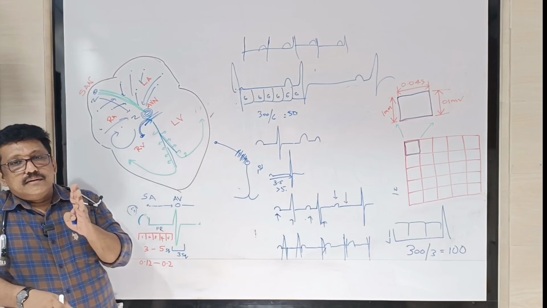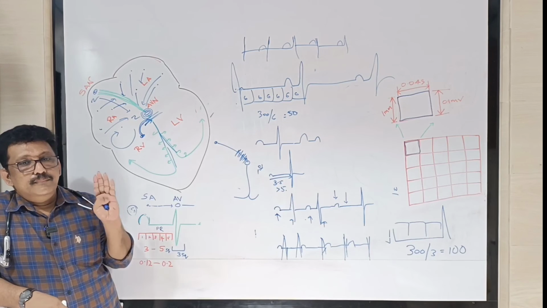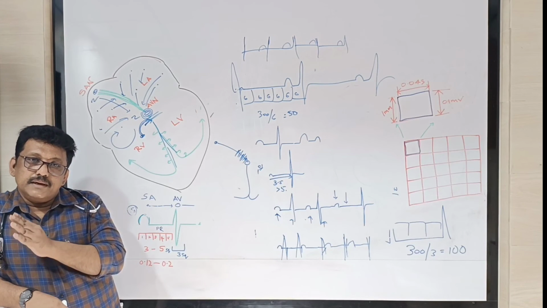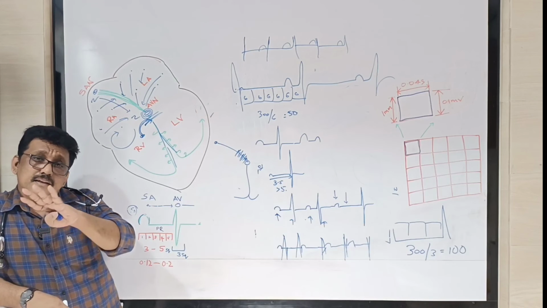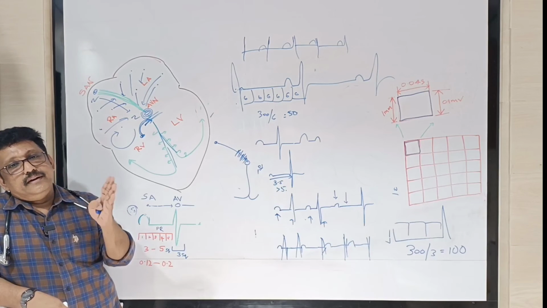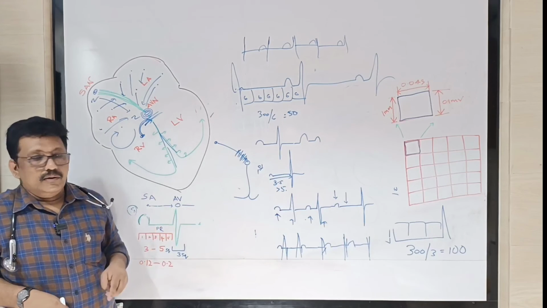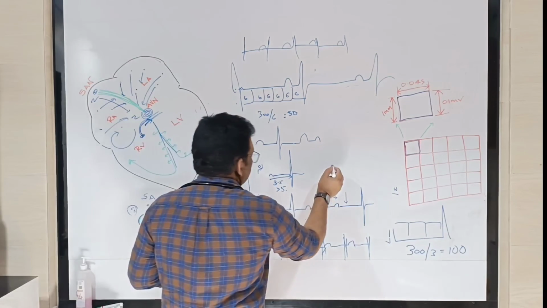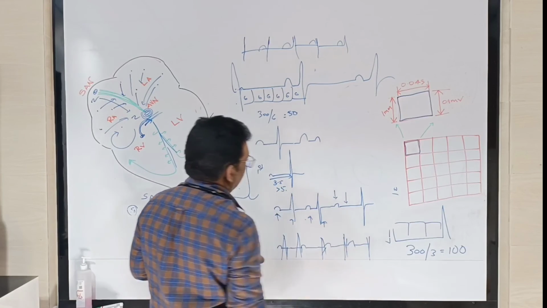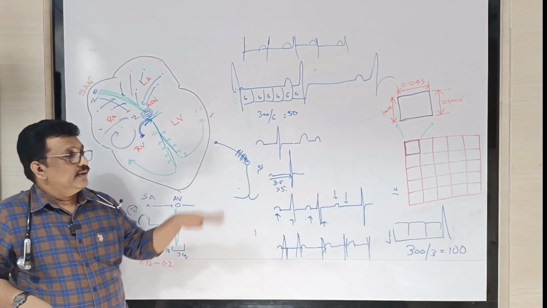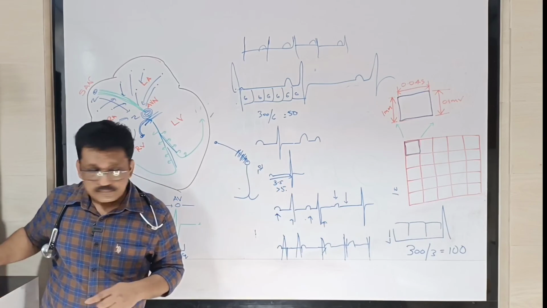The atrium beats in its own rhythm, the ventricle beats in its own rhythm, though it may be slower, but there is no association between atrial and ventricular activity. This is third degree heart block. So first degree, second degree, third degree heart block: these are the common bradycardias we can see in patients.